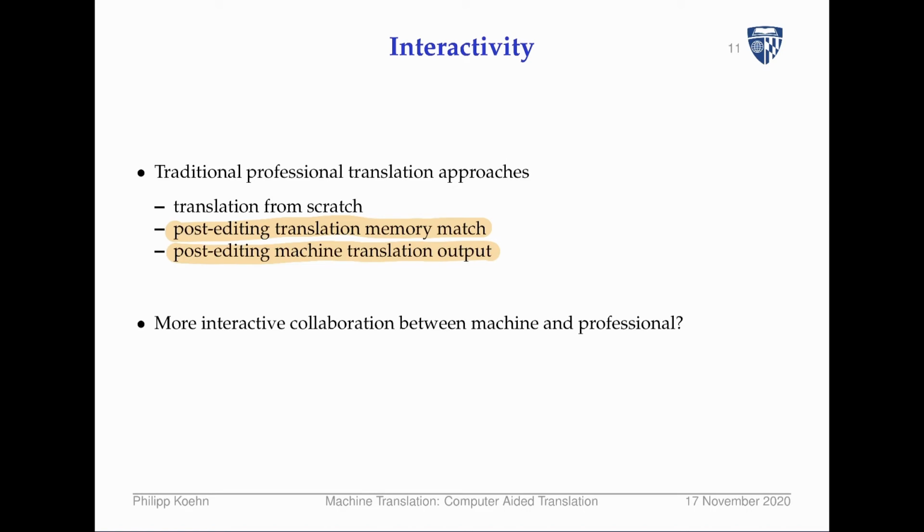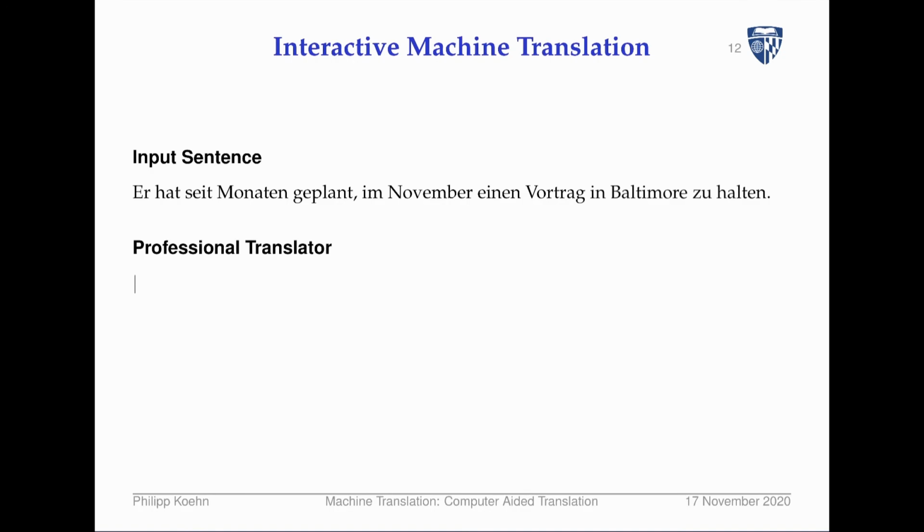So our question here is, besides these traditional professional translator approaches, is a more interactive collaboration between machine and professional possible? So here is a method that is about 20 years old, was proposed in a tool called TransType, and that we also here at Hopkins have done work on.